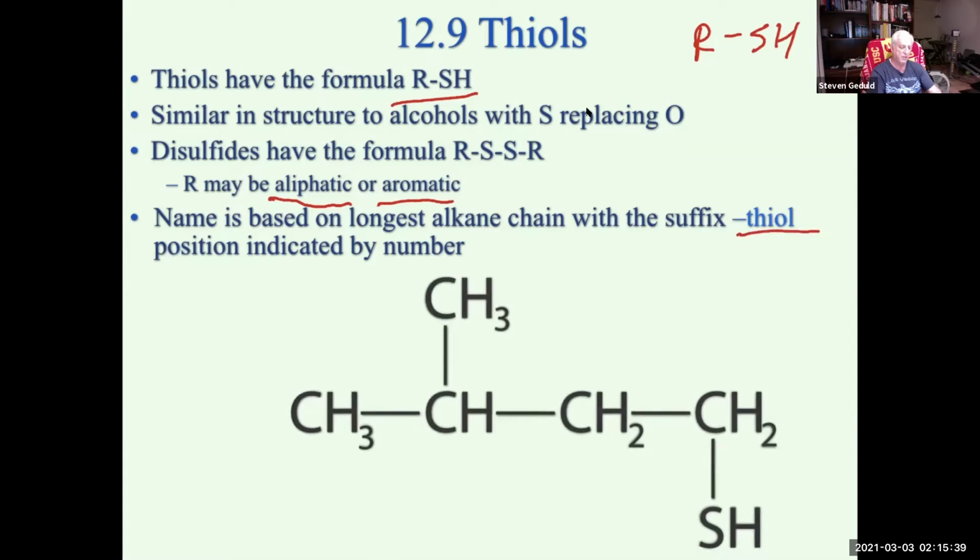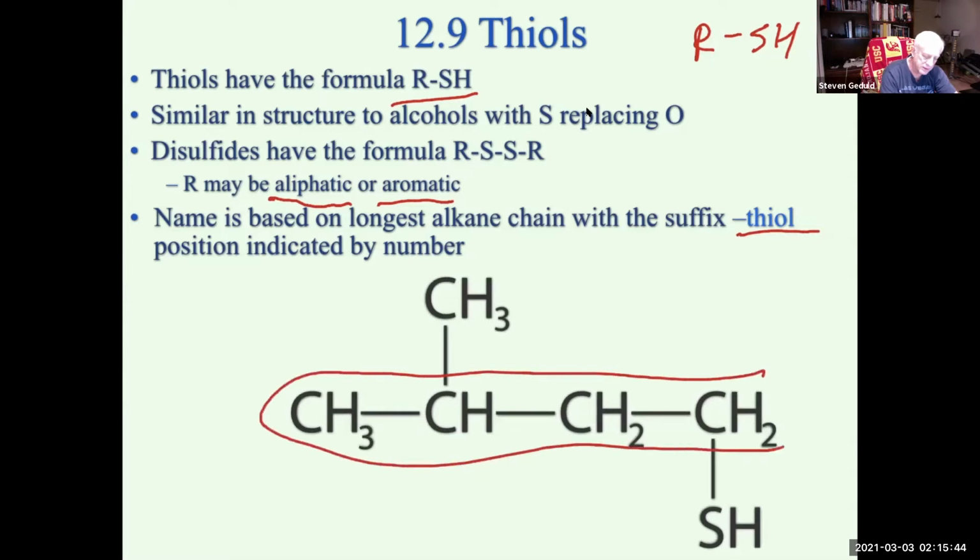Okay, so here we have the longest carbon chain. You give your functional group the lowest possible number as always. So 1, 2, 3, 4. So we got a methyl group at number 3, and we got a thiol group at number 1, and we got 4. The length of the longest carbon chain is 4.